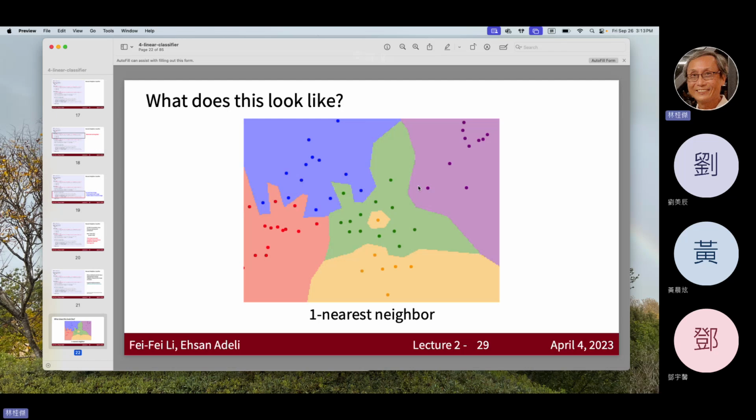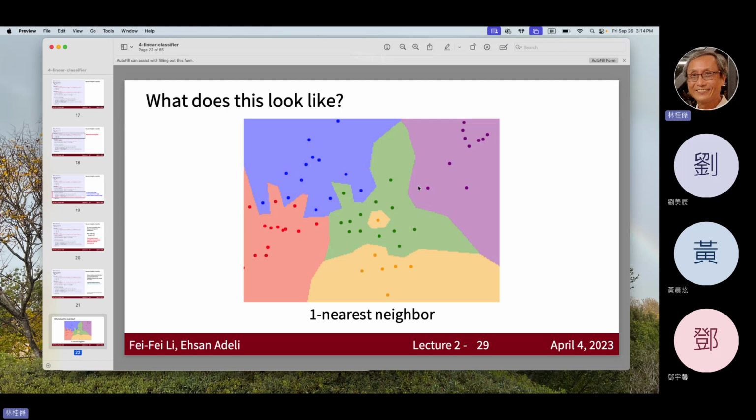Now you can see that this particular dot here is actually the same set as these dots, but the correct answer for this one here, unfortunately, is green.